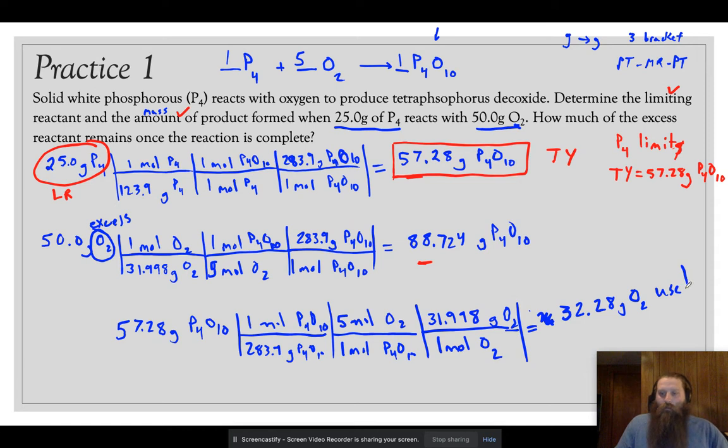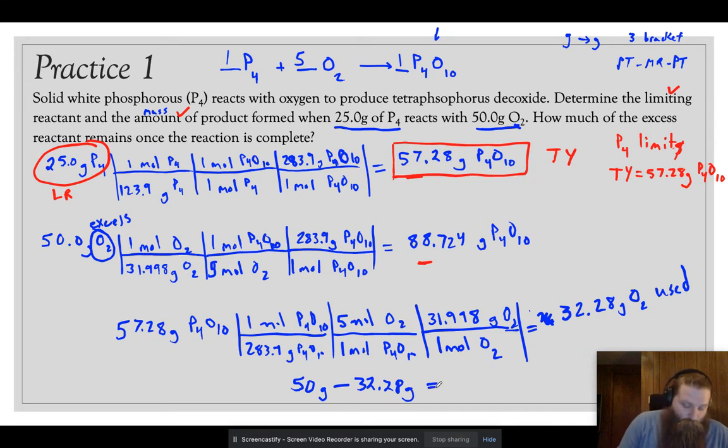All right, that's what it cost me. That's not what the question asks. It says how much remains. So now I just do a little subtraction. I started with 50 grams. I used up 32.28 grams.